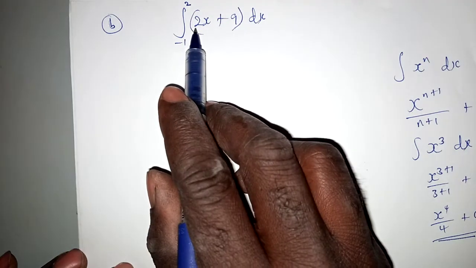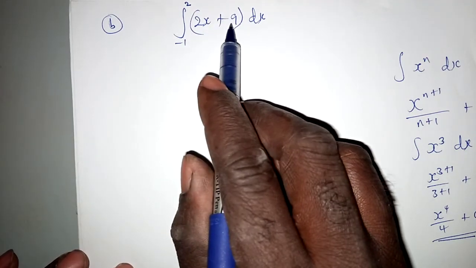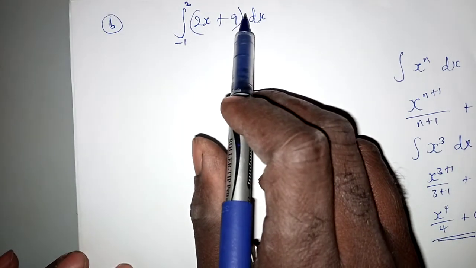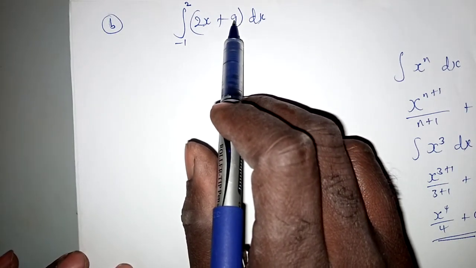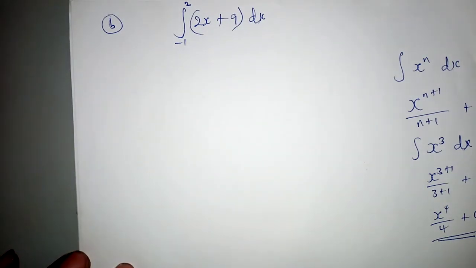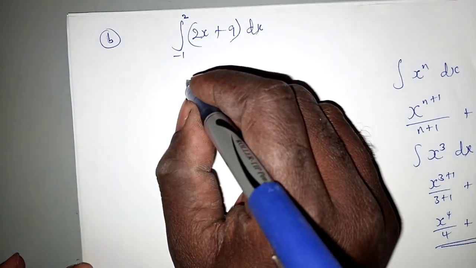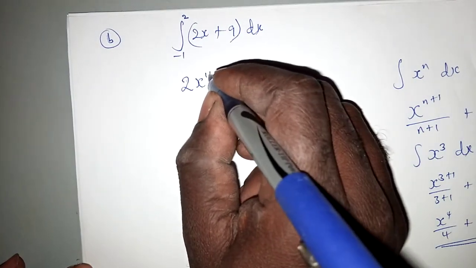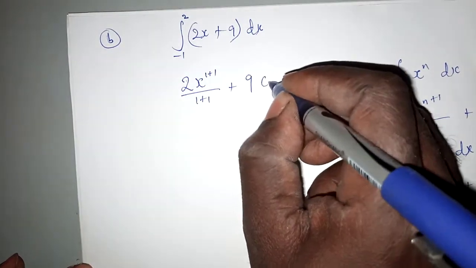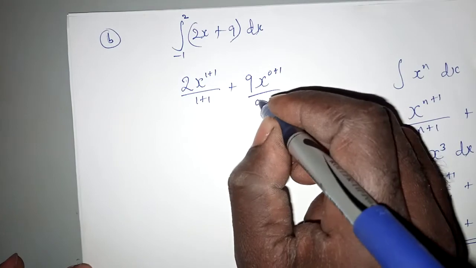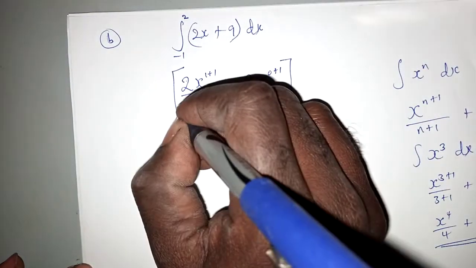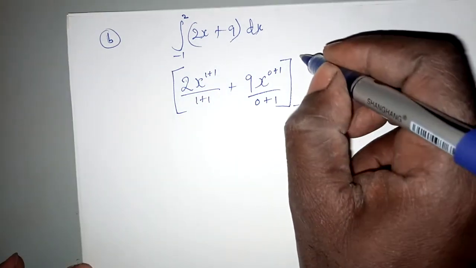As you can see, this is 2x to the power of 1 plus 9x to the power of 0, because anything to the power of 0 is 1, and 1 multiplied by 9 is 9. So there is x here, but its power is 0. So we have 2x to the power of 1 plus 1 all over 1 plus 1, plus 9x to the power of 0 plus 1 all over 0 plus 1. Then the limit is from -1 to 2.